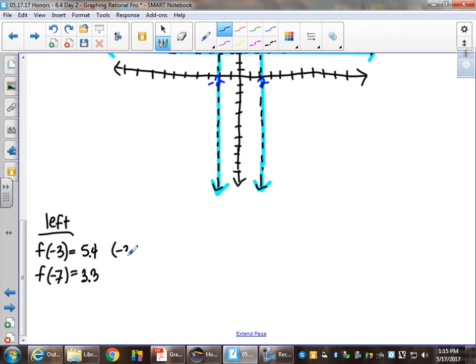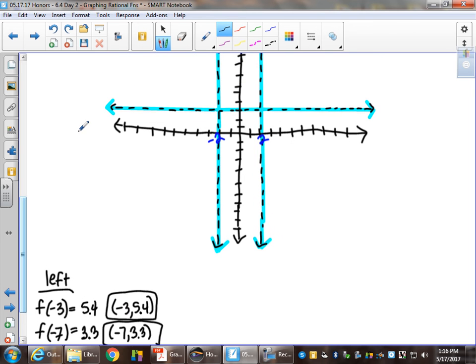So that gets me -3, 5.4. This gets me -7, 3.3. So let's go graph those 2 points. -3, 3, 4, 5.4. And then -7, 2, 3, 4, 5, 6, 7.